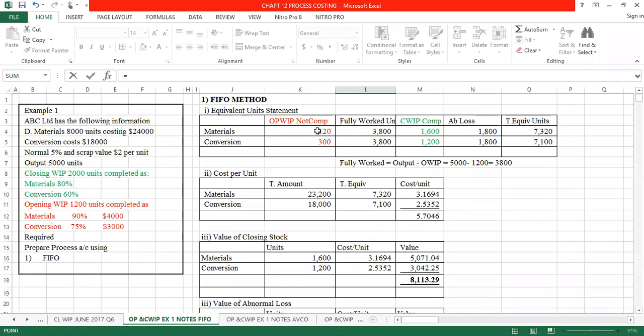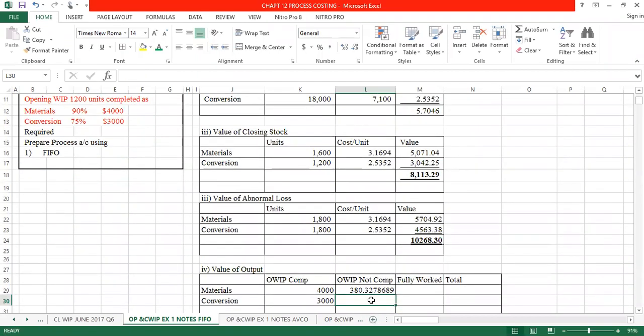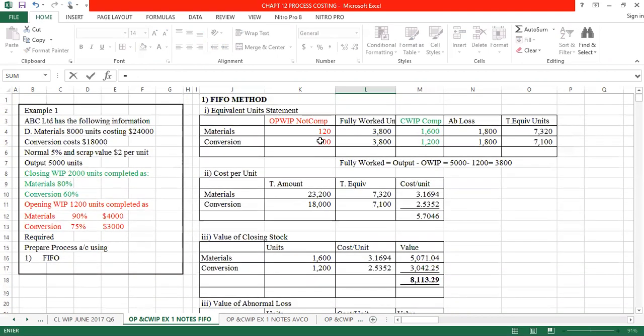Opening not completed units is that, times the cost per unit is that. Here again, opening conversion, not completed conversion, units is that, because it was not given in the question, times cost per unit is that.